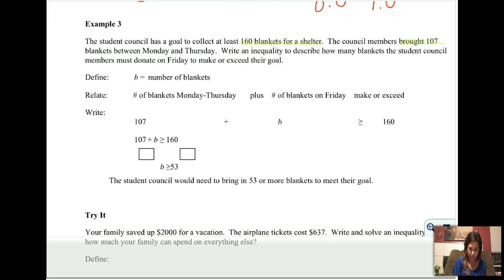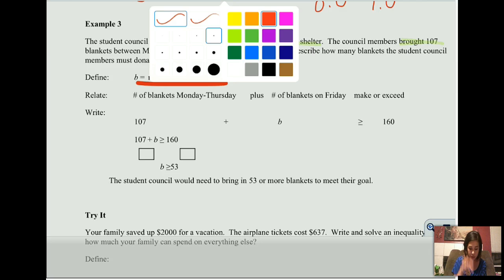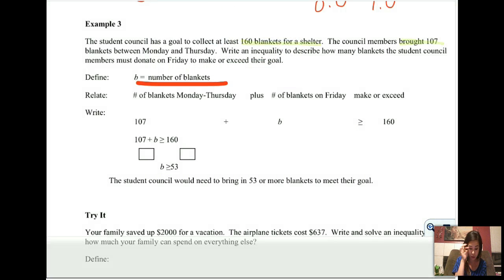So when we set it up, we say B is the number of blankets, and then the relationship is the number of blankets from Monday through Thursday plus the number of blankets that they need, so B, has to be greater than or equal to 160 because they want to either meet their goal or go more than that.